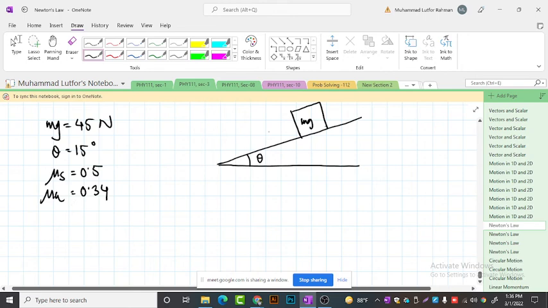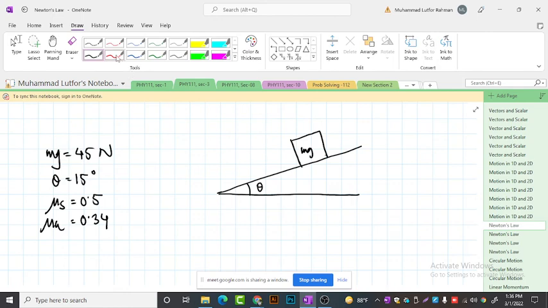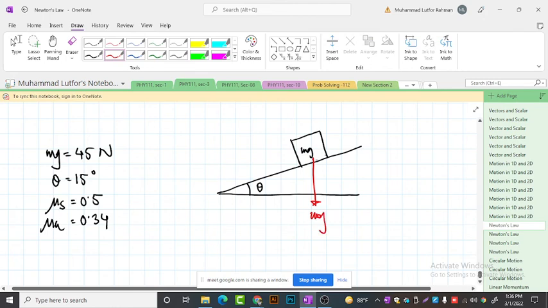If I draw the free body diagram, this would be my mg, this would be my normal force, this would be my mg cosine theta, this would be my mg sine theta, and this would be the frictional force.